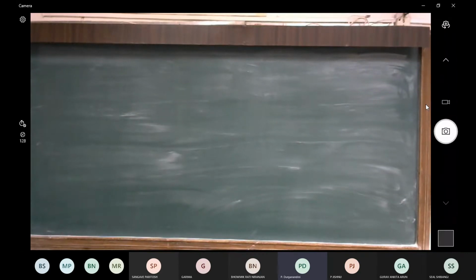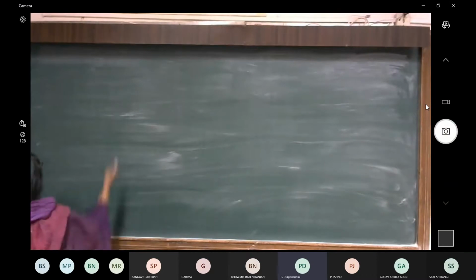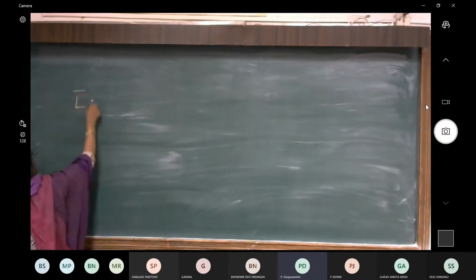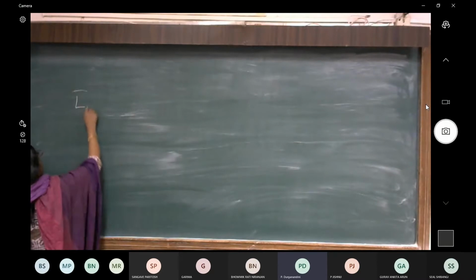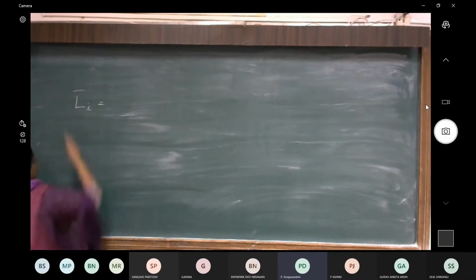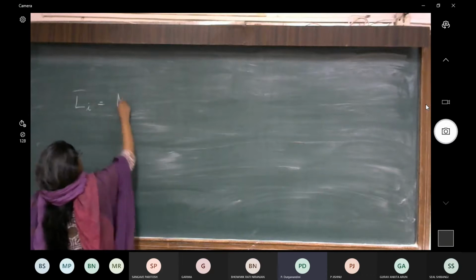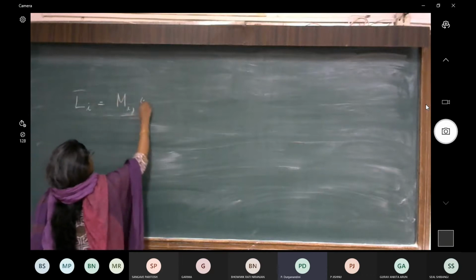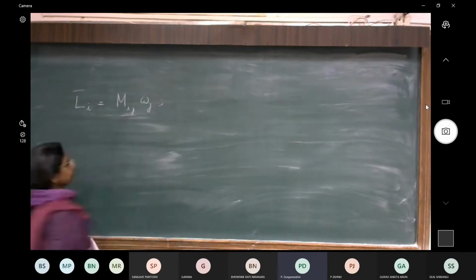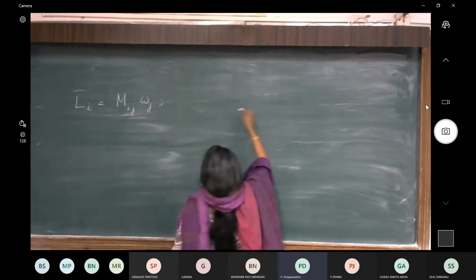And the angular momentum, what we saw last time, can be expressed most generally in the following way. I'll write this as L_i equal to I_ij omega_j. Everything else is exactly like what we had earlier, where my I_ij was defined in the following way.